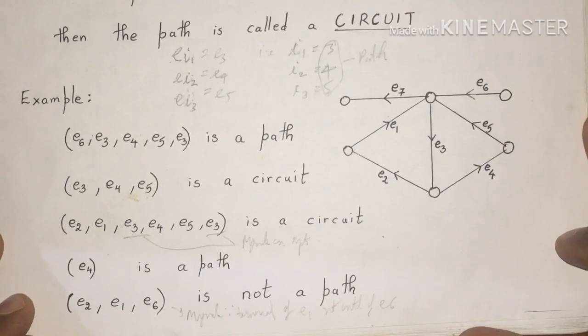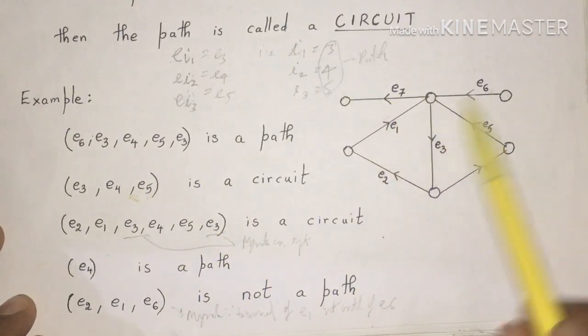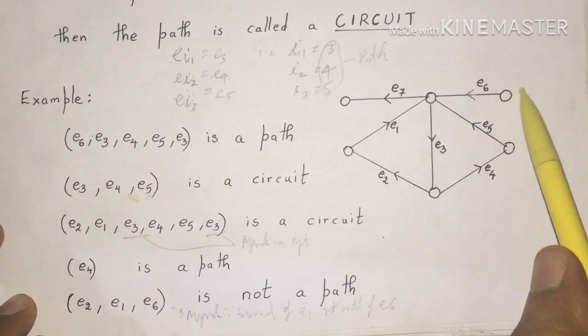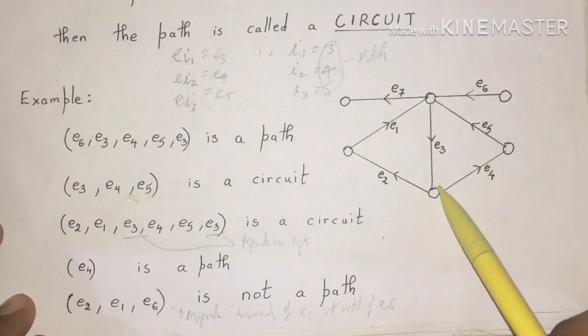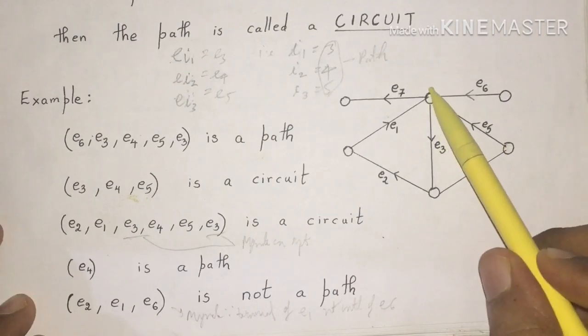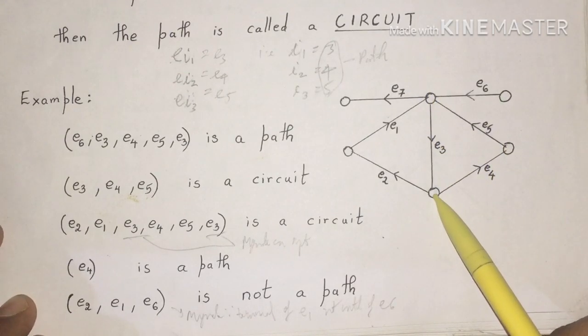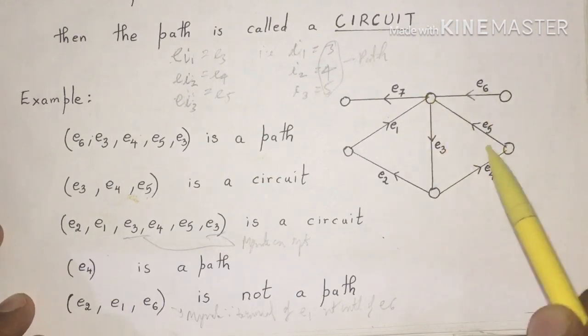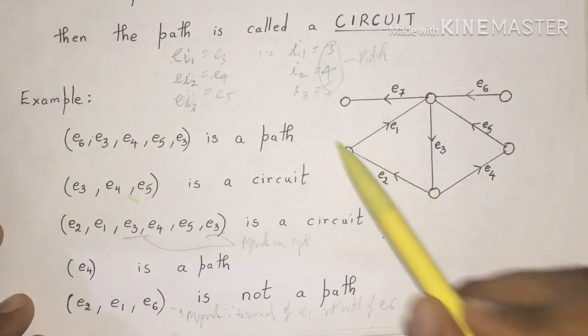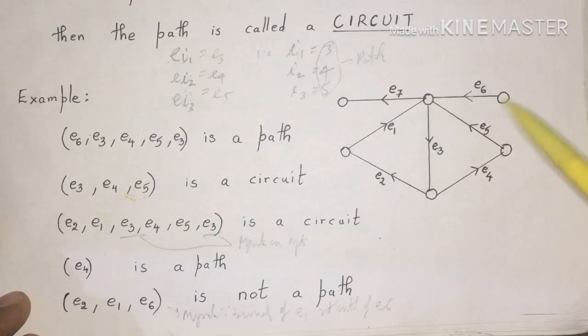Here are examples. This is a given graph. E6, E3, E4, E5, E3 is a path. You notice there is no break. It doesn't go from here and goes here. Basically it's a continuous chain sort of.